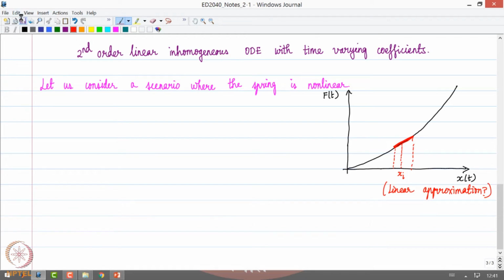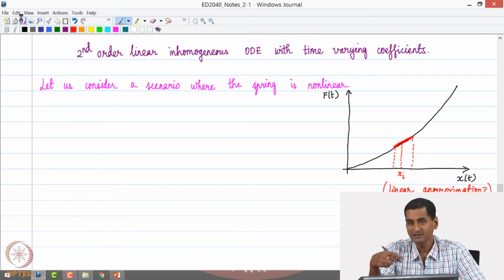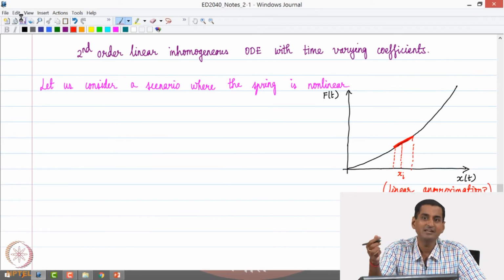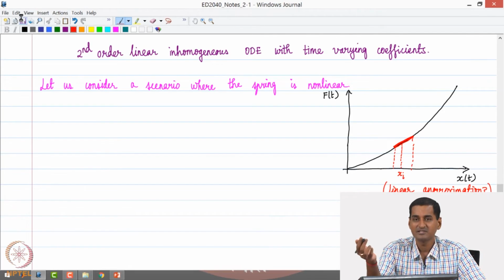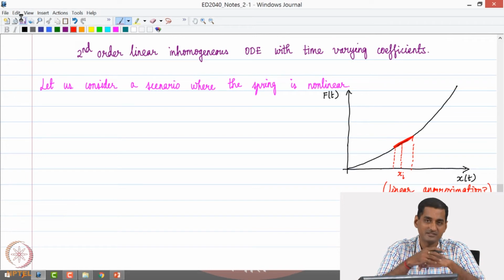If yes, I could use a linearized model, and then we can go to the class of linear time invariant systems. But on the other hand, let us say I am in an application where the spring is stretched and compressed over a wide range of displacements.